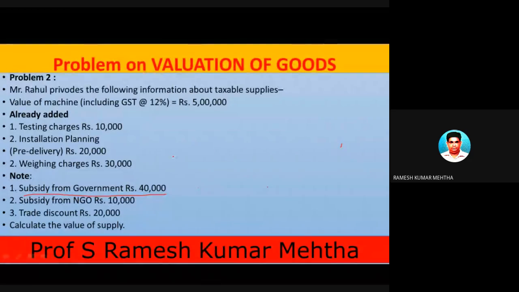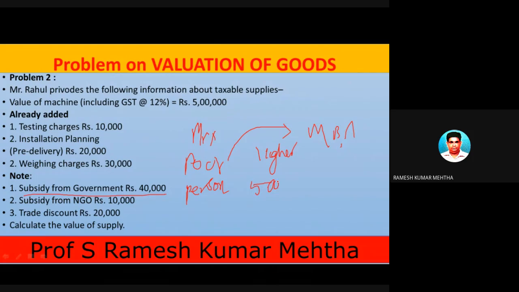For example, Mr. X is there, and he's a very poor person, and he doesn't have a sufficient amount of money or property or wealth or income. And he is pursuing higher education. He is doing his MBA. So he wants to purchase a laptop of 50,000 rupees, but he doesn't have that much with him.